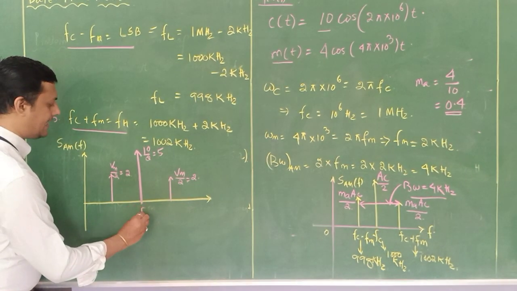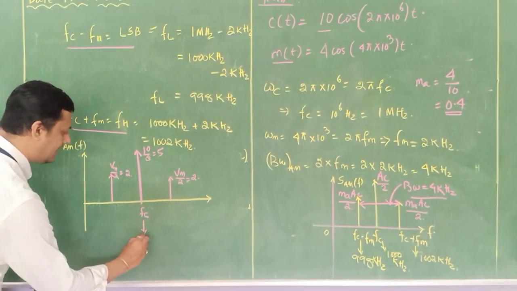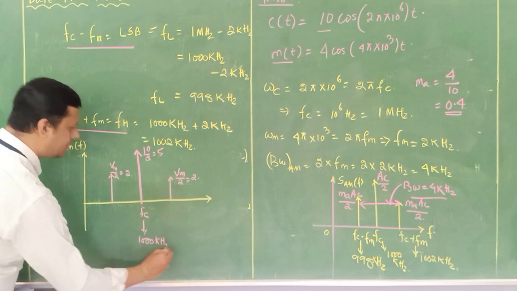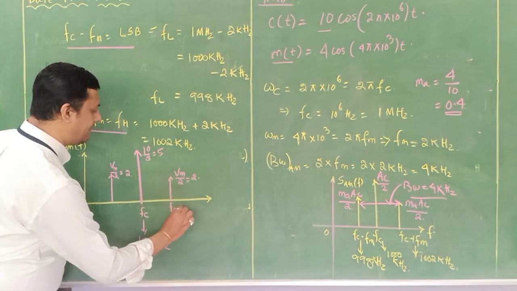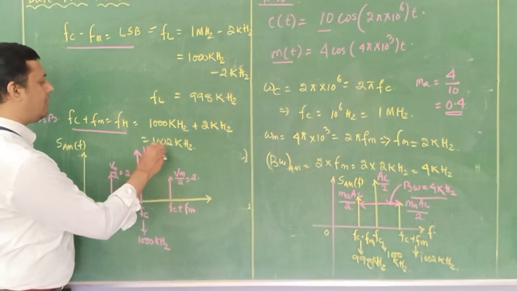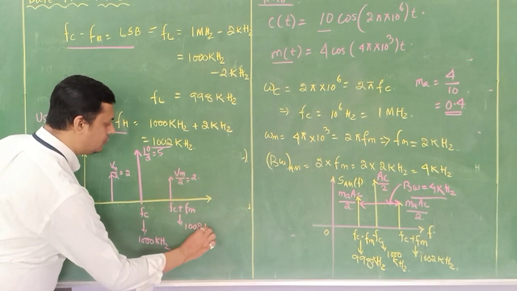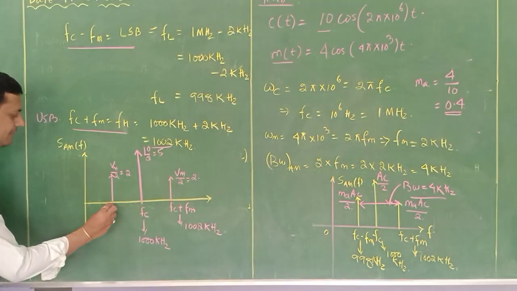Now this is my carrier frequency. How much is the carrier frequency? Carrier frequency is 1000 kilohertz. Now this is the upper sideband frequency Fc plus Fm. How much have we got? We have got 1002 kilohertz. And what is the lower sideband frequency?